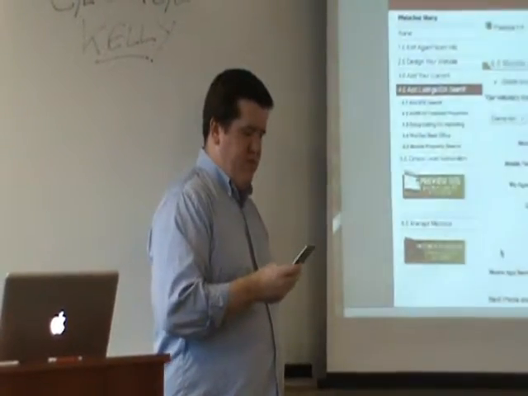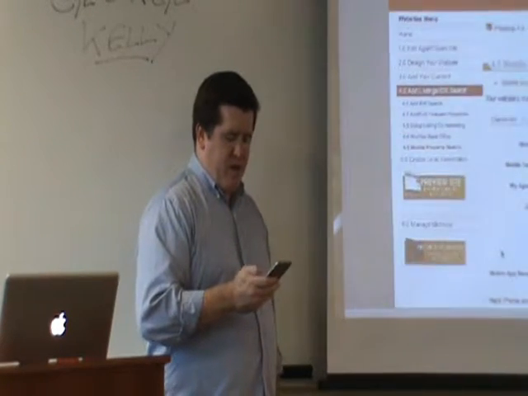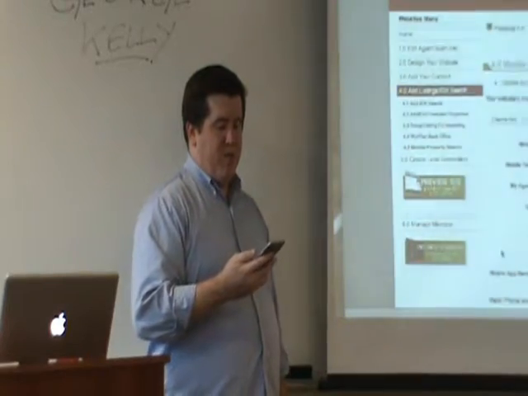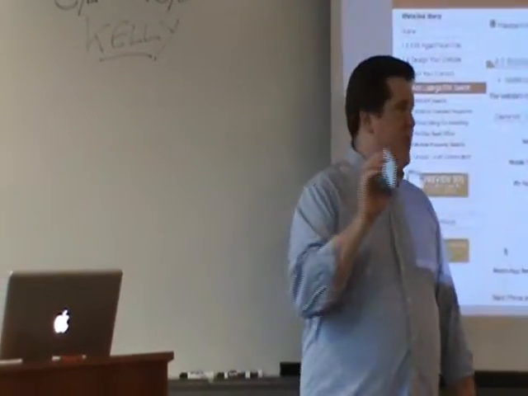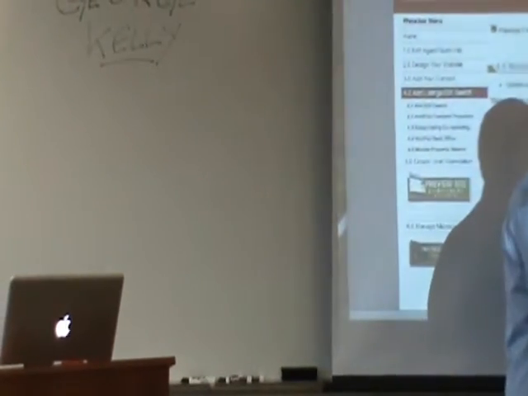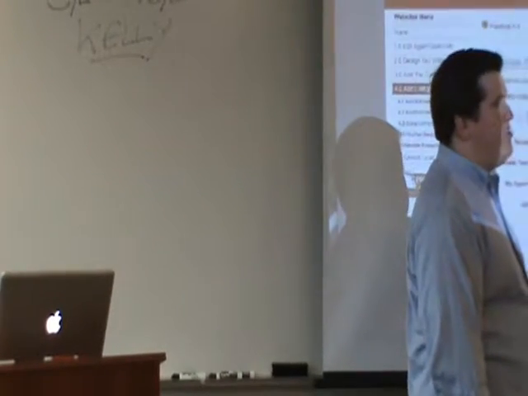So, there's a spot that says Share App. And a phone number will come up, or a spot to enter a phone number. And you'll text someone, okay? And they'll receive a text message saying, George Kelly has asked you to use his mobile app.